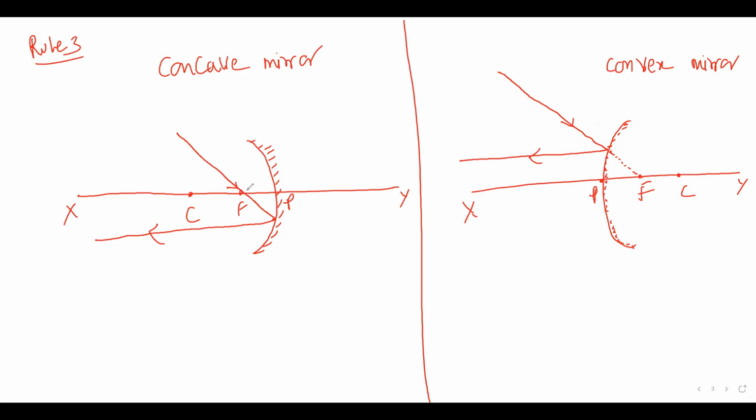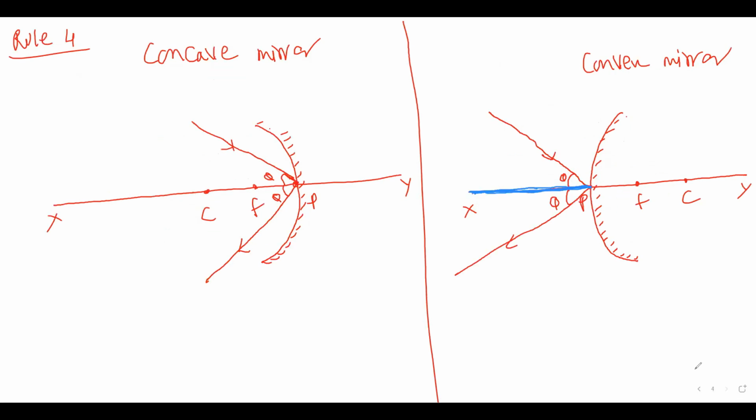A ray passing through the focus will become parallel after reflection. A ray moving towards the focus will become parallel to the principal axis after reflection. A ray incident on the pole reflects making the same angle with the principal axis.